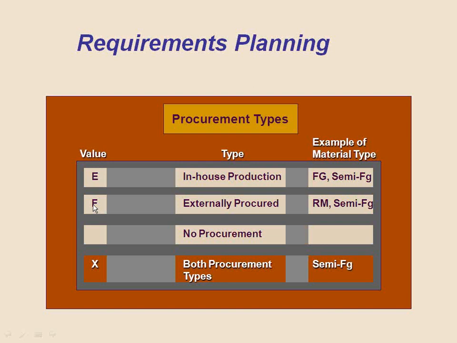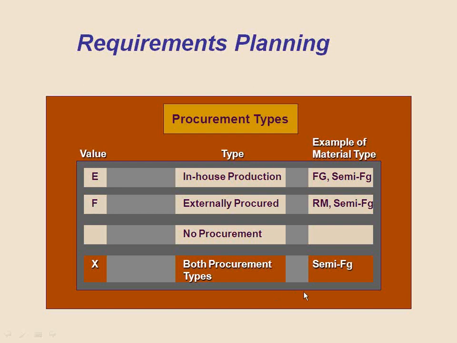Normally this is assigned to raw materials and semi-finished materials, or even maintenance, repairs and operations kinds of materials. No procurement means this cannot be procured. Example, pipeline material. X. X means what? Both procurements, both in-house production as well as external procurement, both can be done. Such materials are normally semi-finished materials.